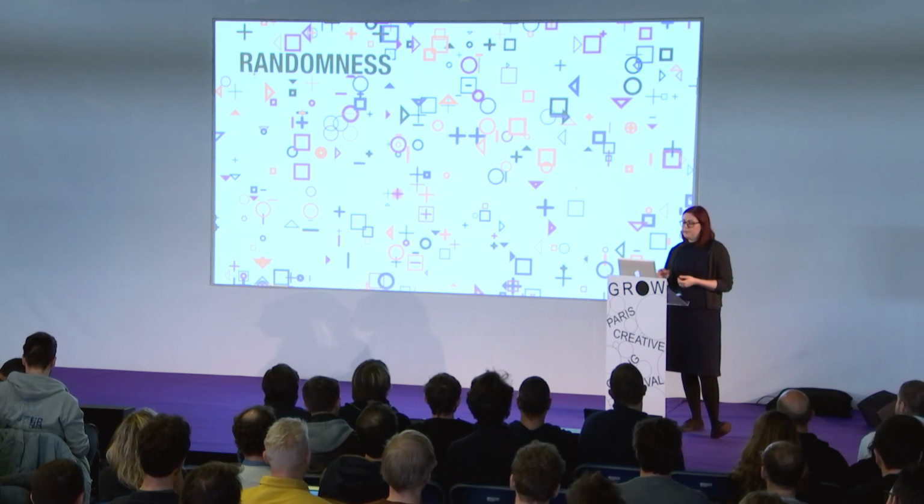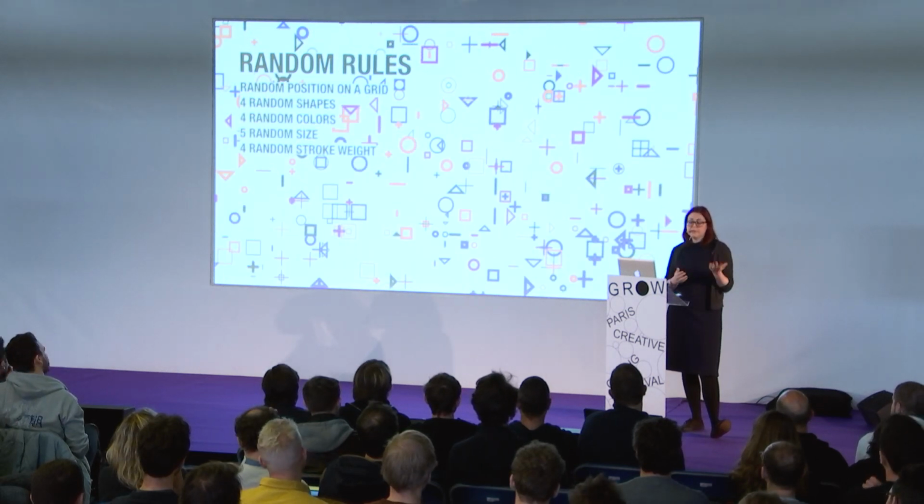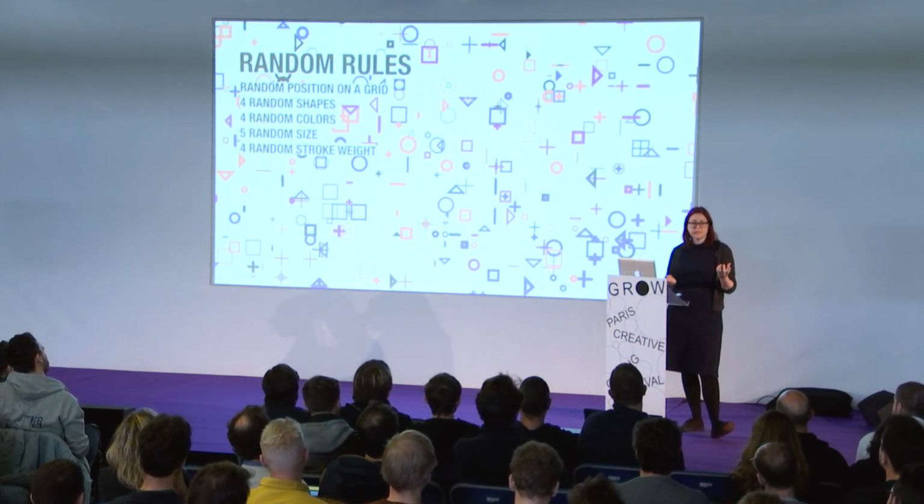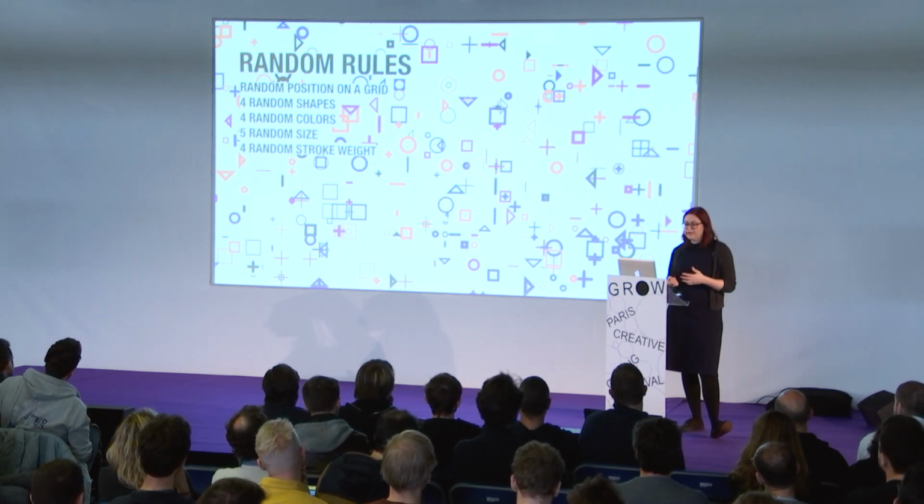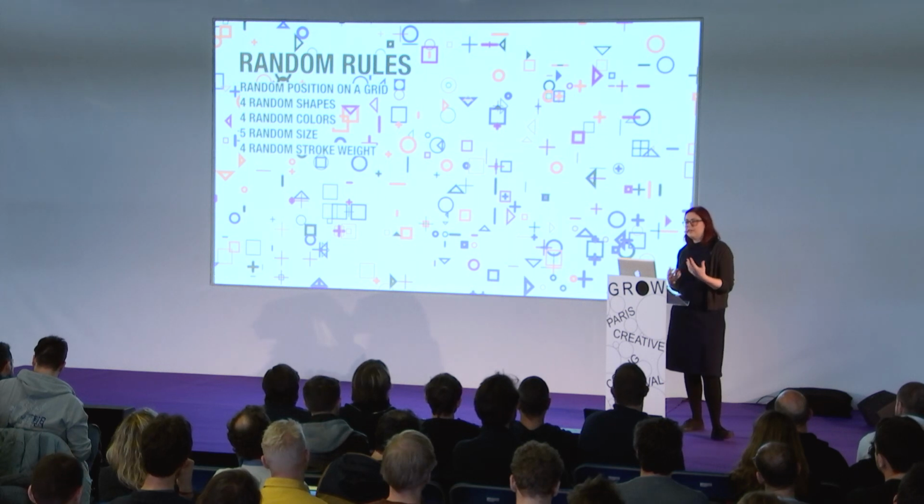So in this example, we see a few random rules. Random is really important in my work, and it's fun to use because it also gives a surprising element in my exploration. So here we are using the shapes at a random position.